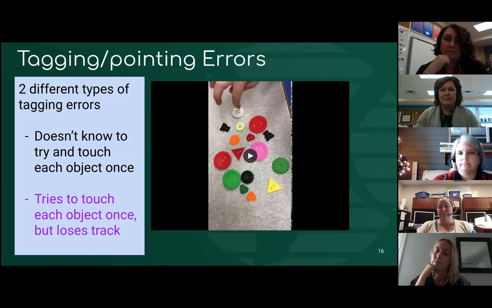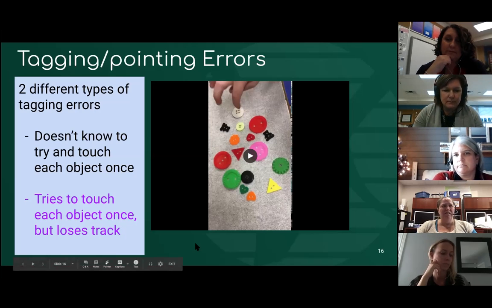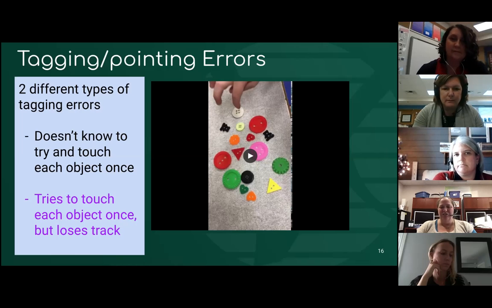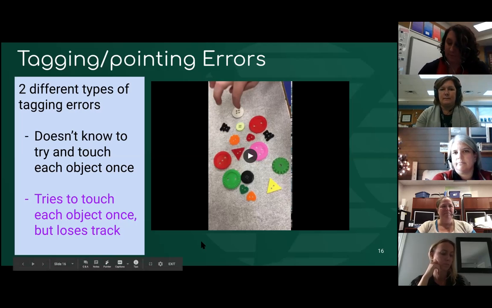You can both skip one or two or many, and also count several more than once as well. But in this case, I think it's fairly clear that the student is aware that they're trying to touch each object and that it matters that they get each one.